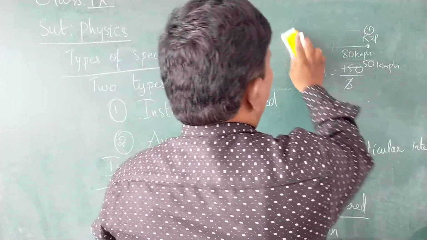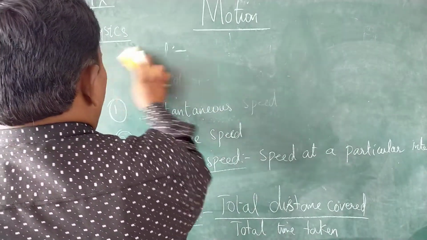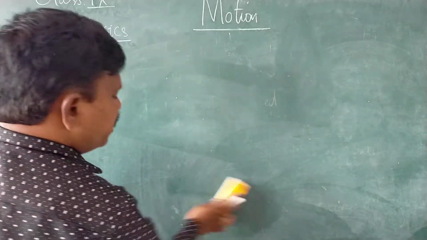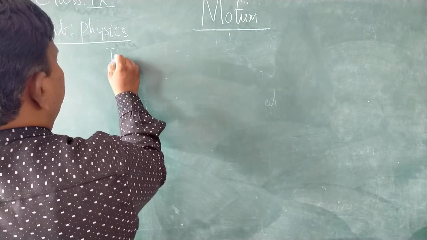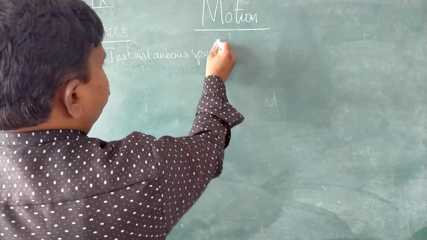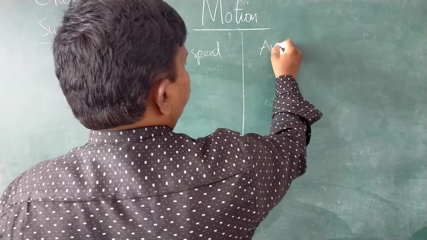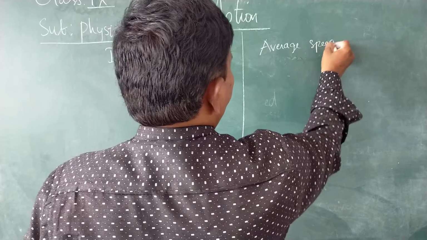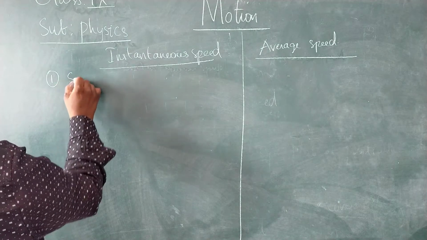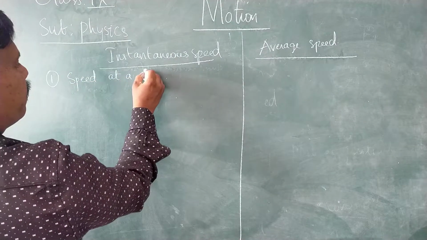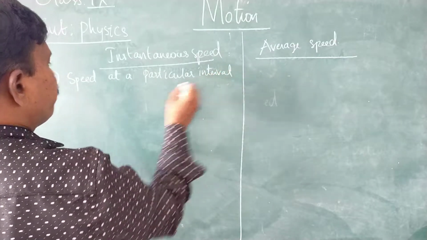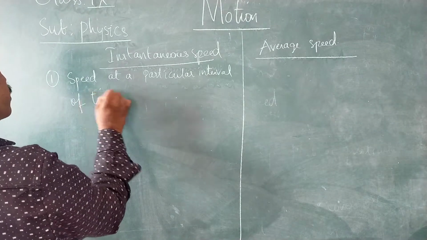Now we will learn in detail about the differences between instantaneous speed and average speed. First point: speed at a particular interval of time is called instantaneous speed.